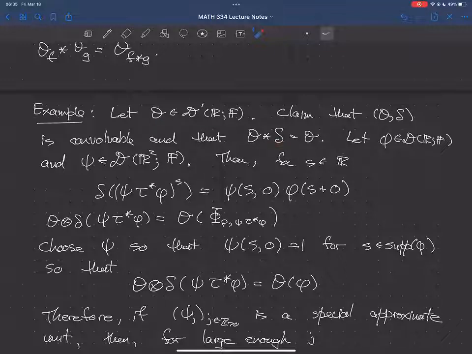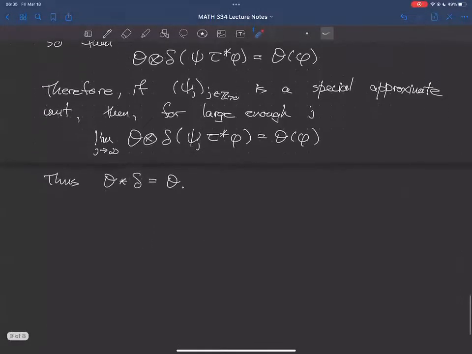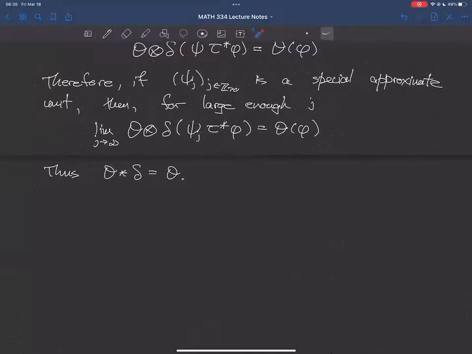So it has a unit, but it's still not the case, of course, that every pair of distributions is convolvable. It just means this pair of distributions is convolvable.